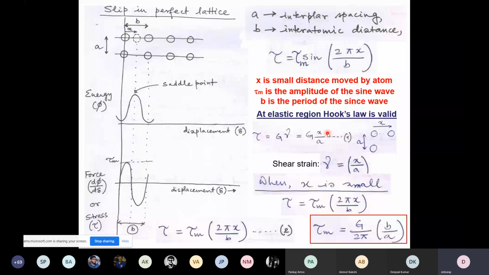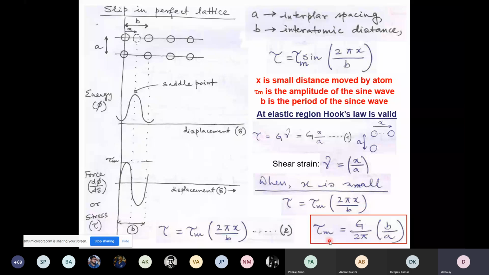So you have two expressions. Put the tau here in place of tau, and you get tau m equal to G by 2 pi times b by a, which is a very important expression.